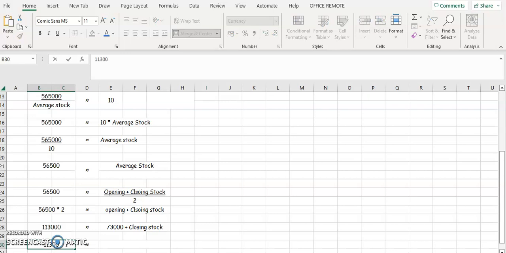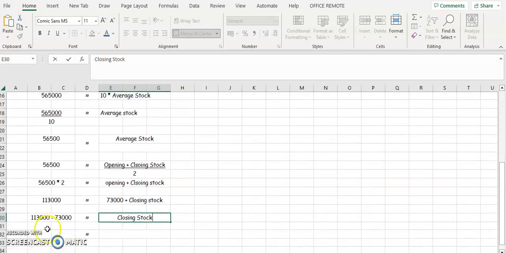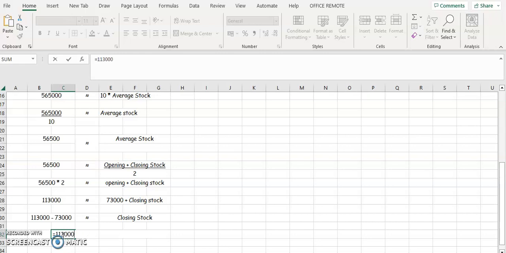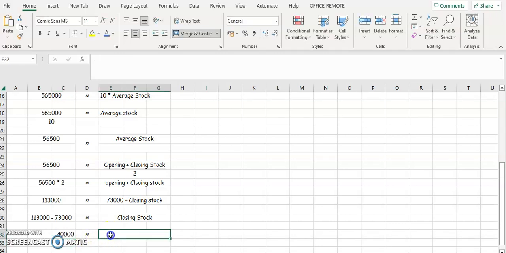So 113,000 minus 73,000 is equal to closing stock. So our closing stock then is equal to 40,000.